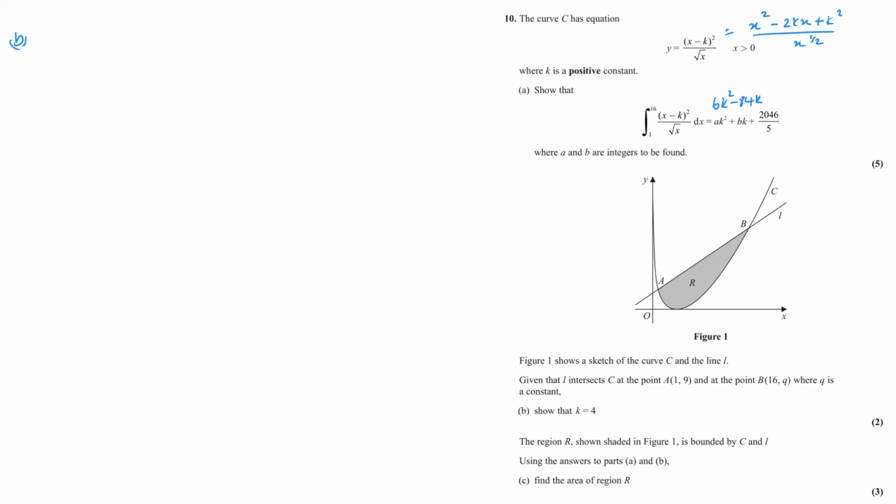Okay, part B. So we got y equals x minus k squared over root x. We got the point 1, 9. So that's 9 equals 1 minus k squared over 1. And there we are. So square root, we get plus or minus 3, 1 minus k.